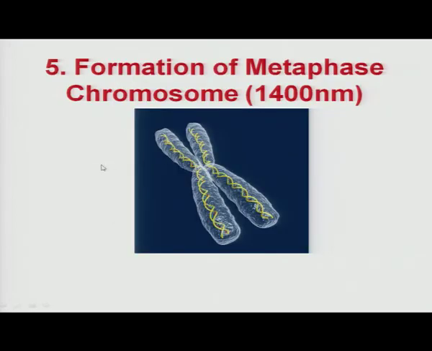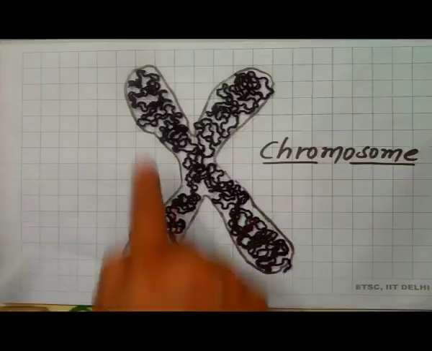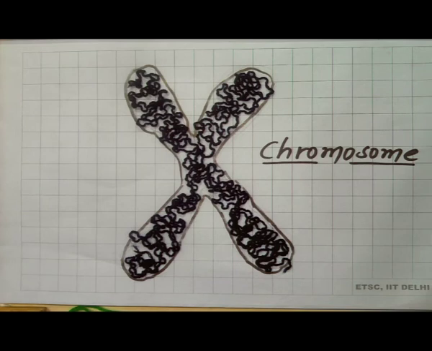And the last stage of packaging of DNA in eukaryotic cell is formation of chromosome, which we can see in metaphase of cell cycle. This is how the chromosome is being synthesized or formed because of the packaging of the DNA.